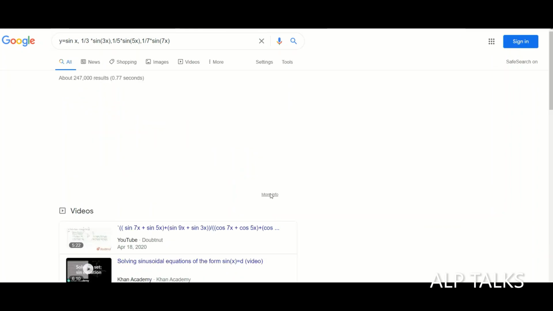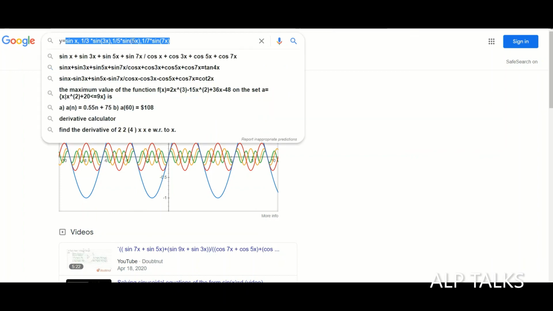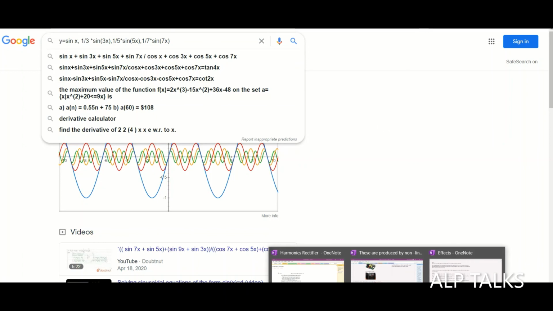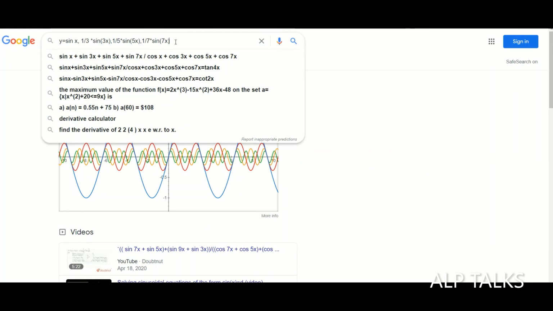We are able to see up to these harmonics now, auto plotted. I'm going to draw up to these harmonics.